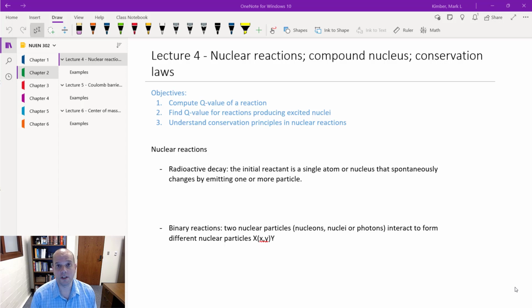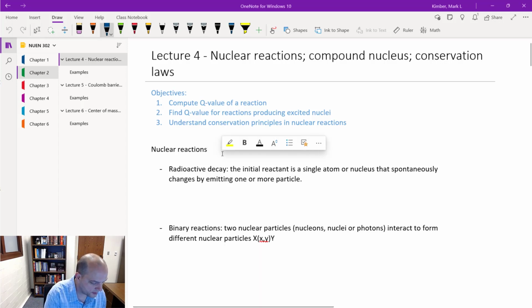The Q value is an energy value, but it tells us something more about the reaction, whether it's possible or not, for instance. So we will find those Q values, we'll calculate them, and then we will talk about conservation principles in nuclear reactions.